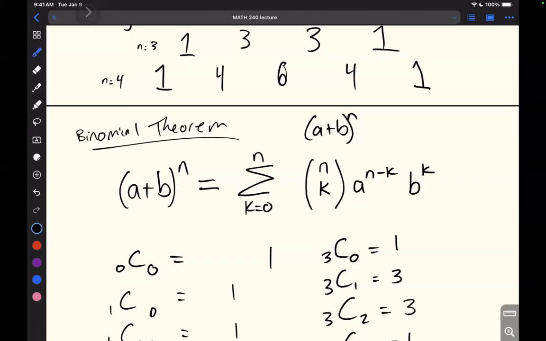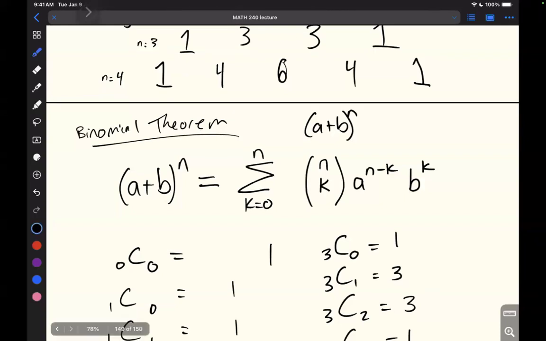All right, we won't prove this, but it is important to know what this means. So a times b are multiplied together, and the coefficient is just n choose k, which we see in Pascal's triangle. And so inside the summation, that's just one individual term.